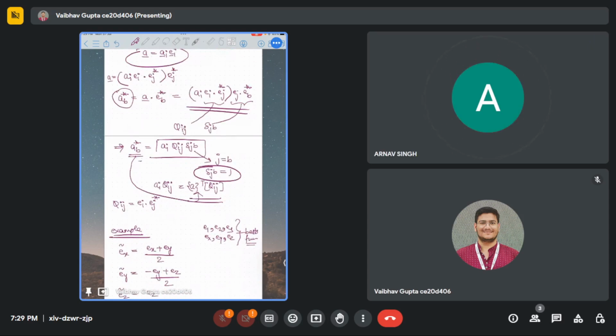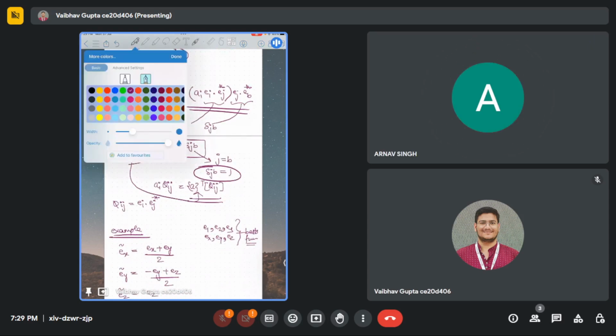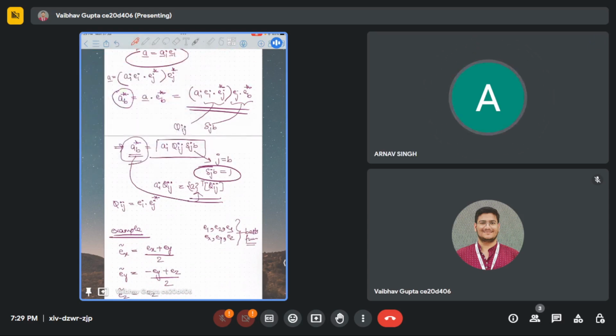I'll use another color. So this is the vector in the new Cartesian system, and this is the old one, as per the old reference Cartesian system. So this is multiplied by this Qij matrix.